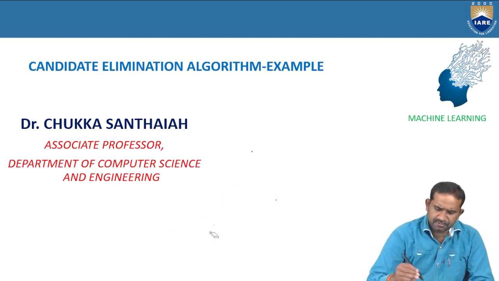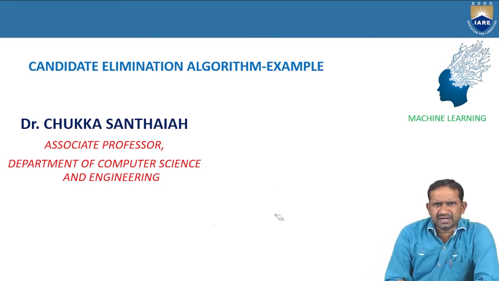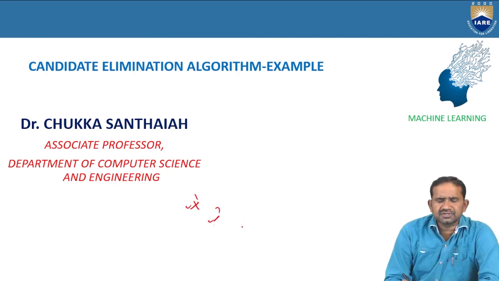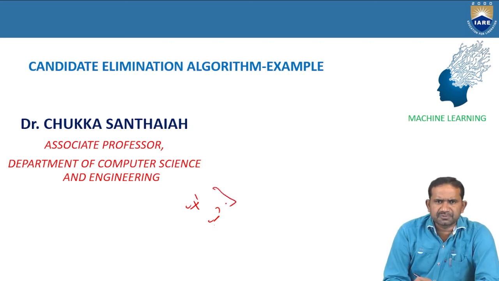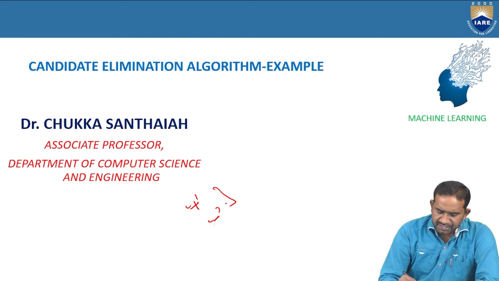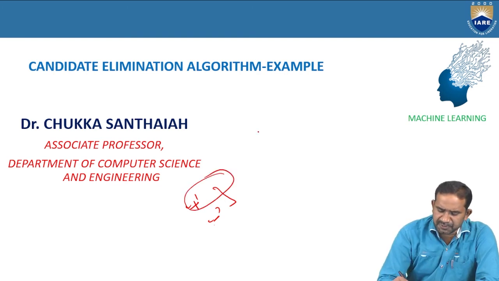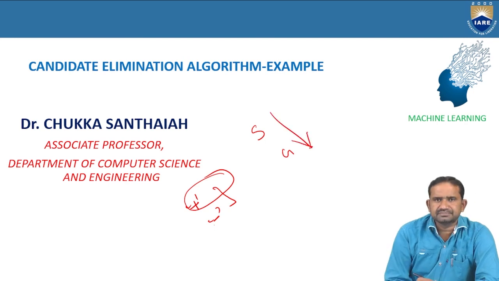The simple procedure: the candidate elimination algorithm focuses on positive examples as well as negative examples, positive and negative training examples. But under some conditions, if the training example is positive, we can simply start from the specific hypothesis and move towards the generalized hypothesis, that is, from top to bottom.